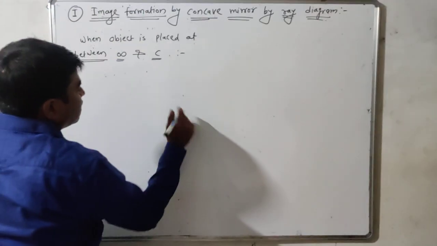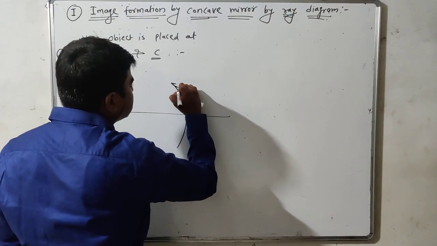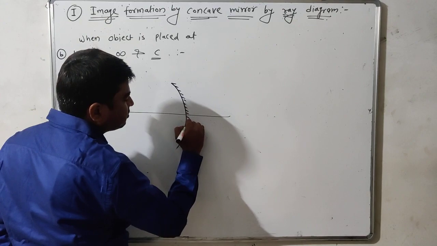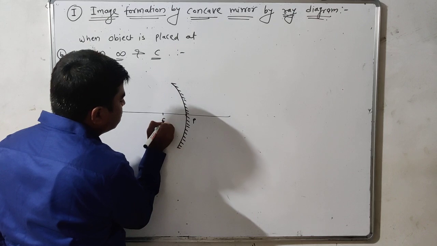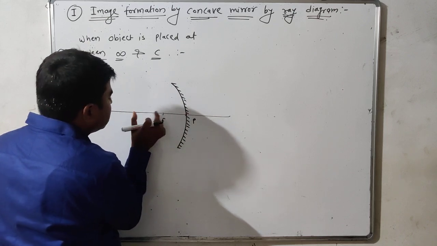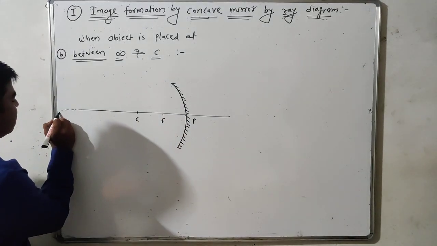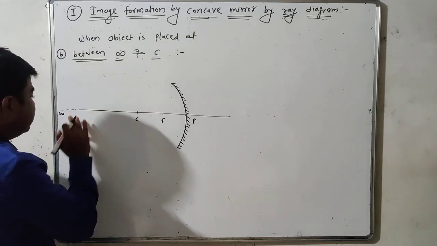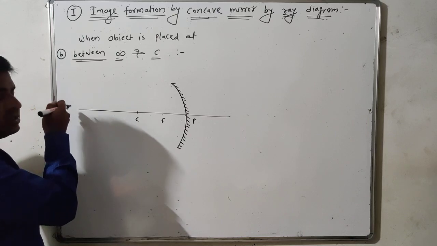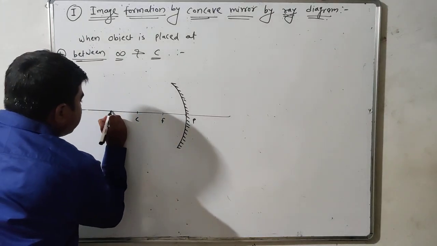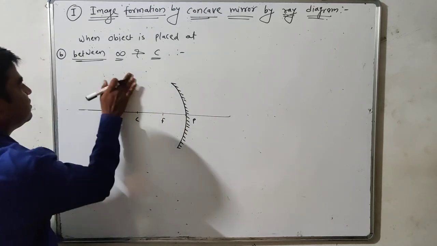So student, if again I draw such a concave spherical mirror whose outer side is silver polished, this is the pole, this is its focus, and this is considered to be its center of curvature. Here we know that infinity lies up to an infinite distance. If now we move that object towards the center of curvature and place it beyond the center of curvature like this.